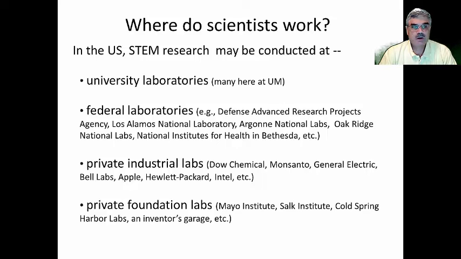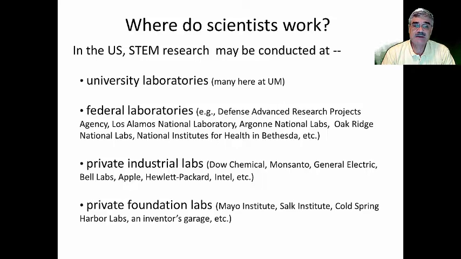Where do scientists work? In the United States, STEM research, STEM being an acronym for science, technology, engineering, and mathematics, may be conducted at university laboratories, federal laboratories, the Defense Advanced Research Project Agency, that's called DARPA, Los Alamos National Laboratory, Argonne National Laboratory, Oak Ridge National Laboratories, or the National Institutes for Health.